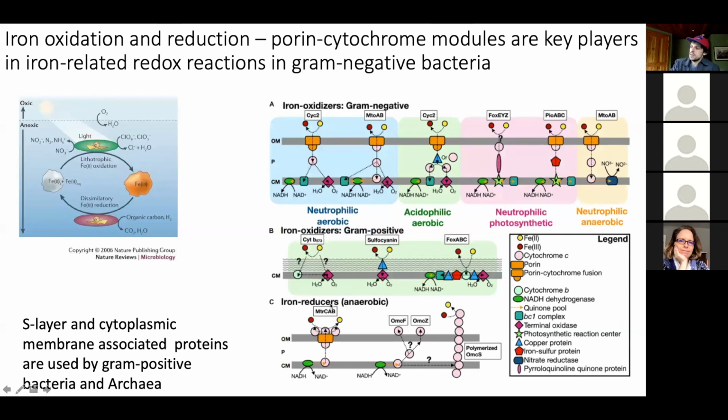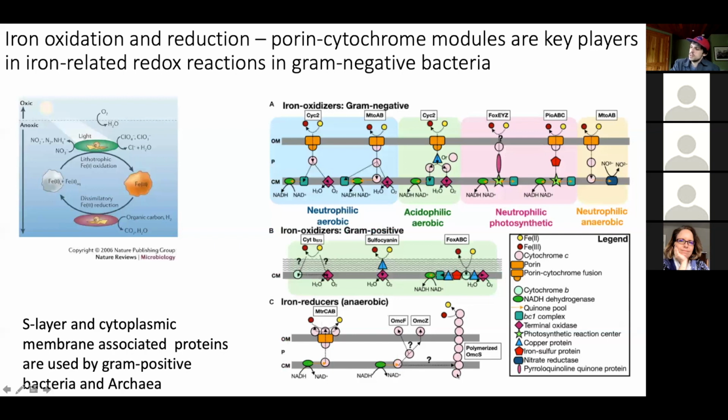Iron reducers have to deal with a different problem: they're dealing with something that's already solid that they can't import into the cell. So they need to get reducing equivalents away from the cytoplasmic membrane out into the extracellular space. The way they do that is these porin-cytochrome modules. Geobacter also includes some other mechanisms that aren't porin-cytochrome related, for example, polymerized OmcS.